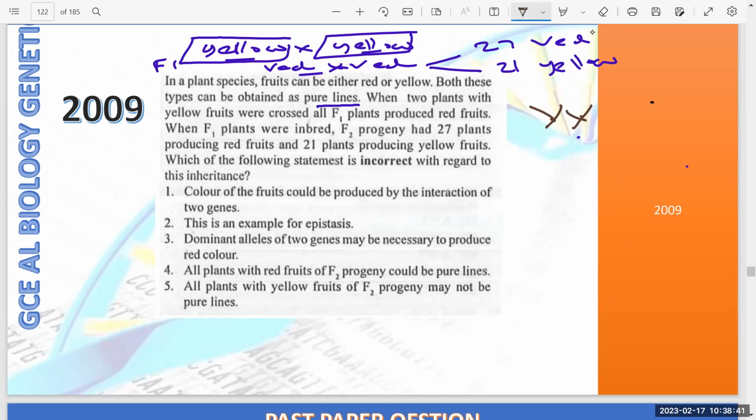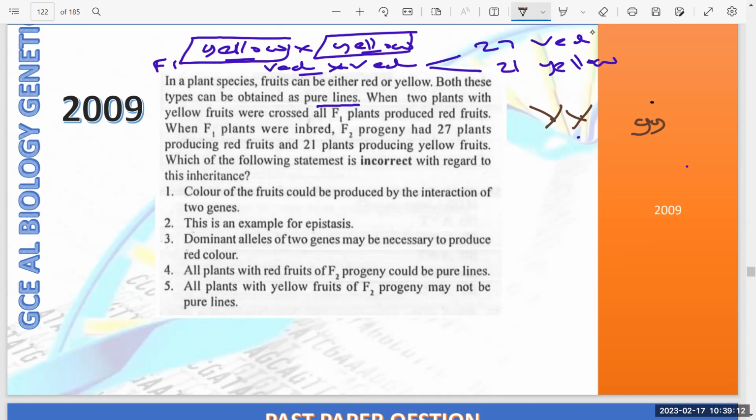They are pure lines, so they always produce pure lines, because originally we learned in Mendel what he did with purple color and white color. The purple flowers always produce purple, and this generation is kept as a pure line. I mean, if it is giving white color, simple y, these are always kept as simple y, and they are pure lines.